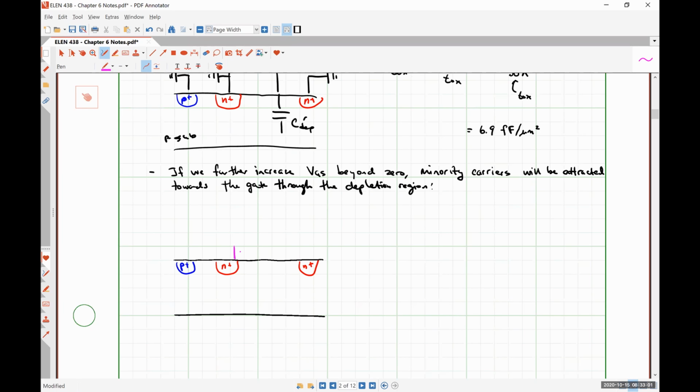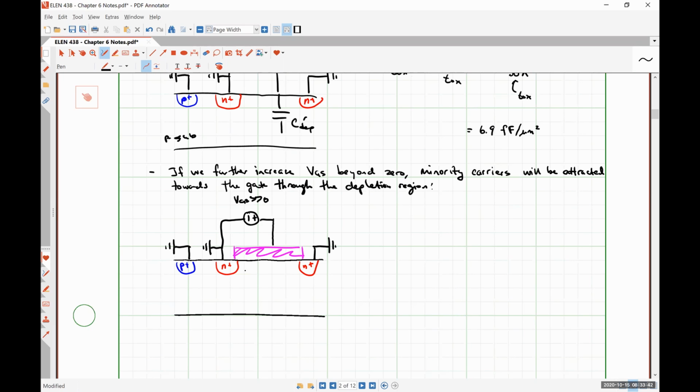Here's our poly gate. Looks like garbage. Source. Here's our drain. VGS, let's call it much greater than 0.